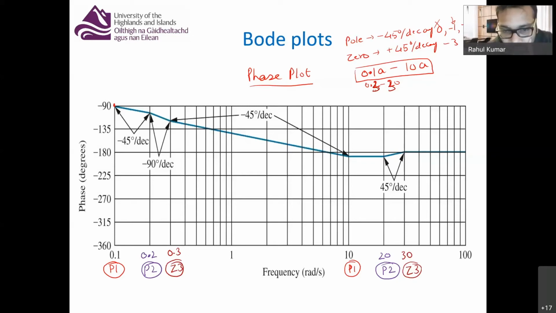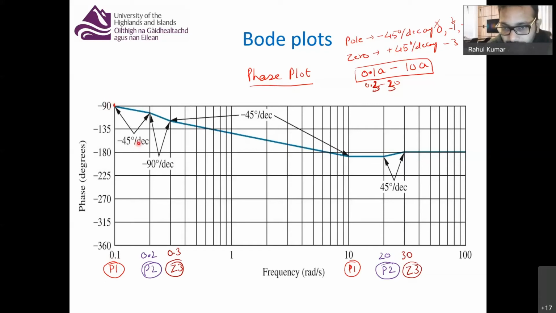Now since we are starting from 0.1 radians, immediately the effect of the first pole will be in place, because of the pole at 1. So because of the pole, the slope will decrease by minus 45 degree per decade.